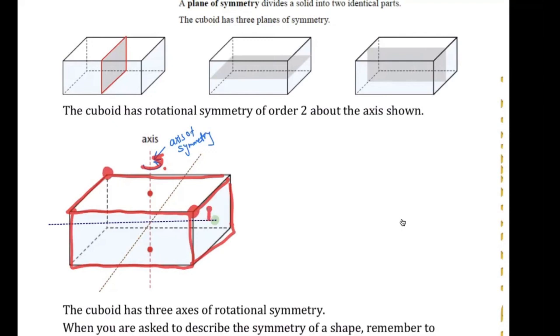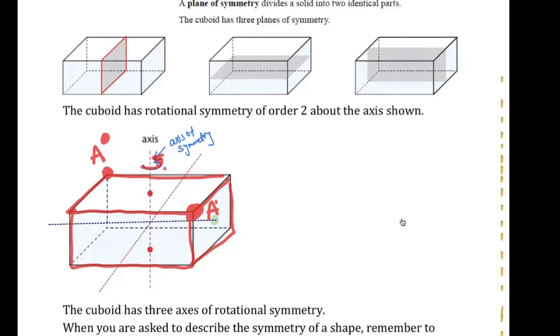If this is point A, that is going to be A dash. After another 180 degrees, point A is going to come back to this point again. So in 360 degrees, you have to rotate it 2 times to get the same shape.